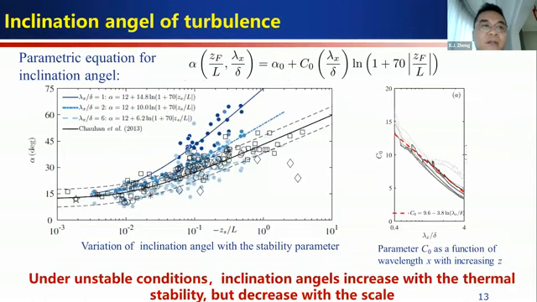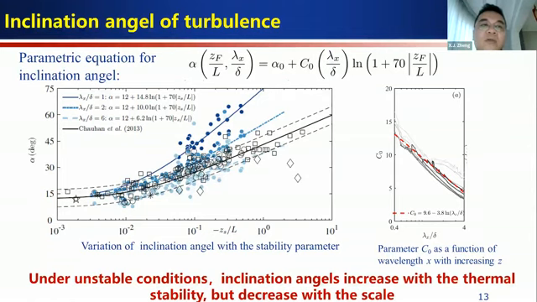Further, by analyzing the phase spectrum of the flow velocity at different heights, we obtain the variation of inclination angle of turbulent structure with the scale and the stability parameters in the non-neutral stratification flows.